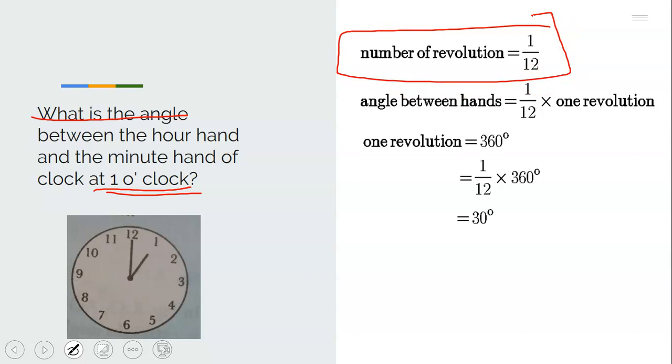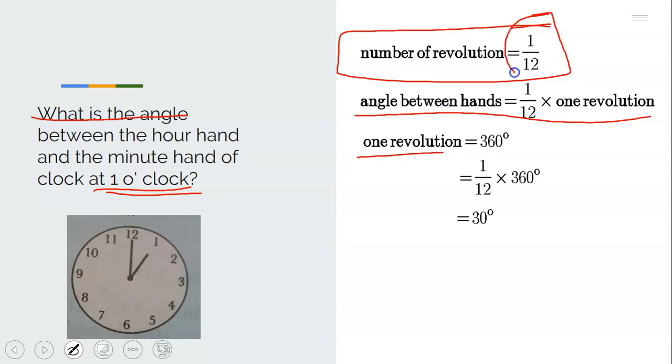Now, you convert this revolution to degree, as we did when we were treating pie chart, when we had to convert numbers to angle. The same thing will be applied here. That is, 1 revolution equals 360 degrees.